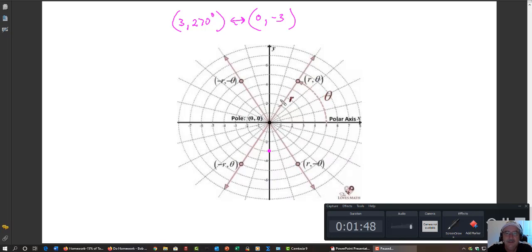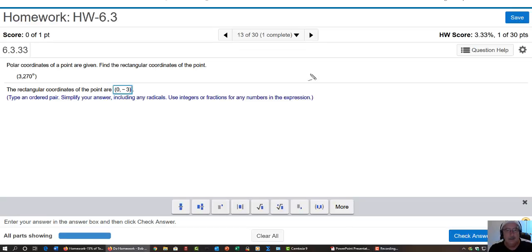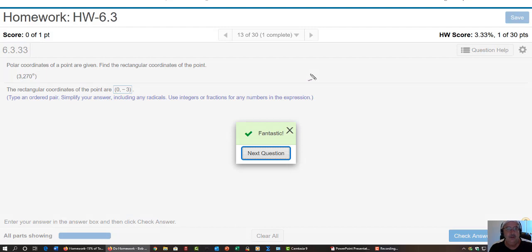Now notice this rectangular point, if we were thinking just the old XY coordinate system, 0, -3, we're landing on the same point. I think this is a great way that you can see the relationship between our XY values and our polar values if you have a superimposed graph like this one. All right, so we'll go ahead and check this one, and I think we're in good shape.